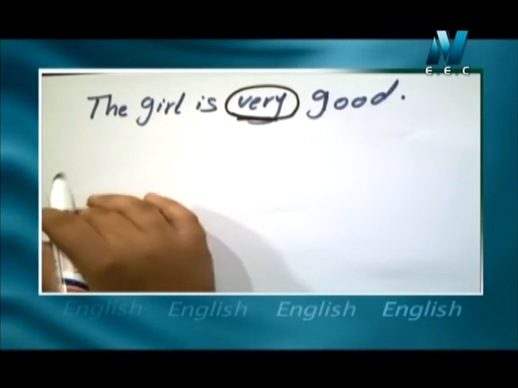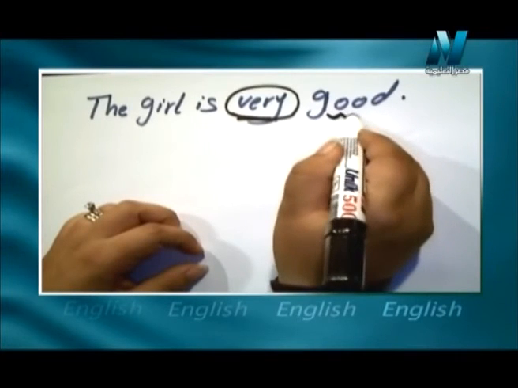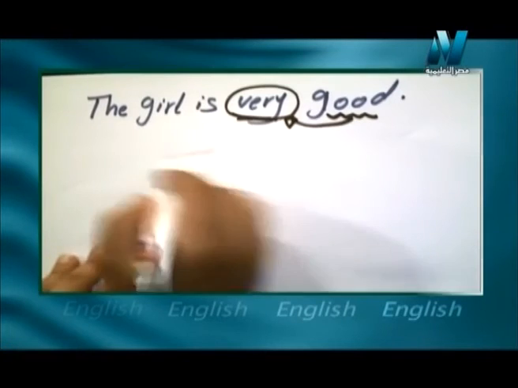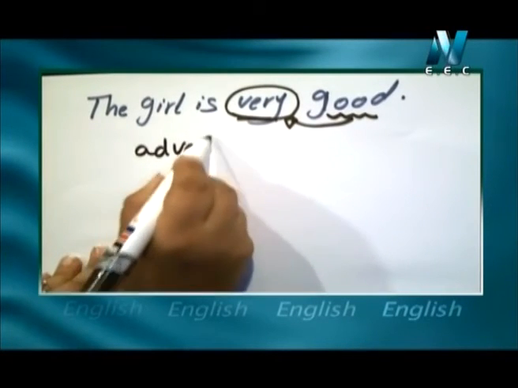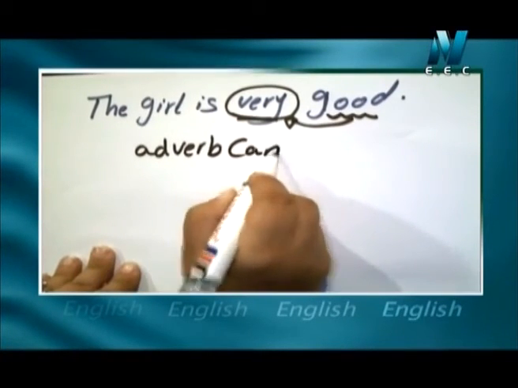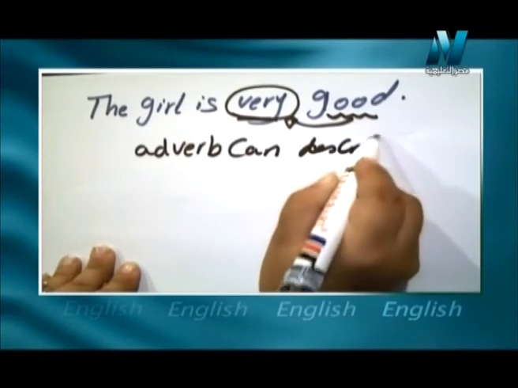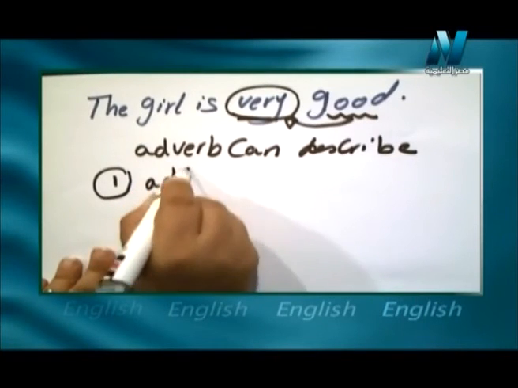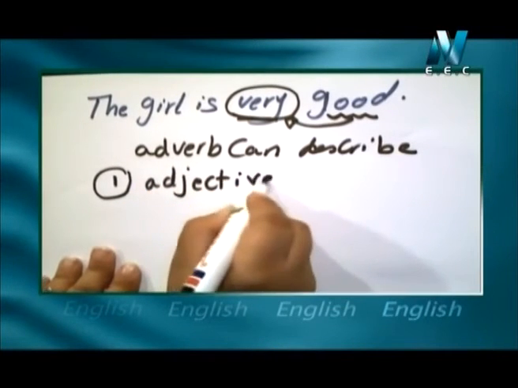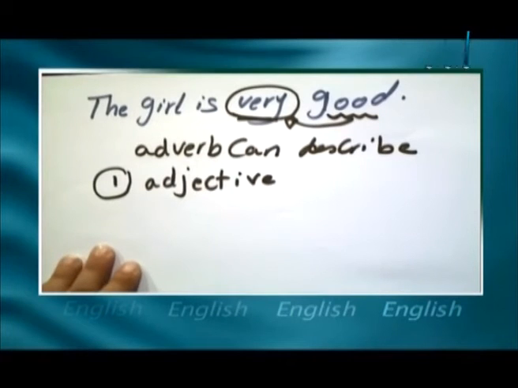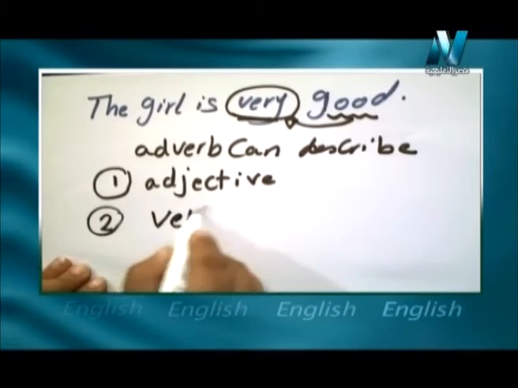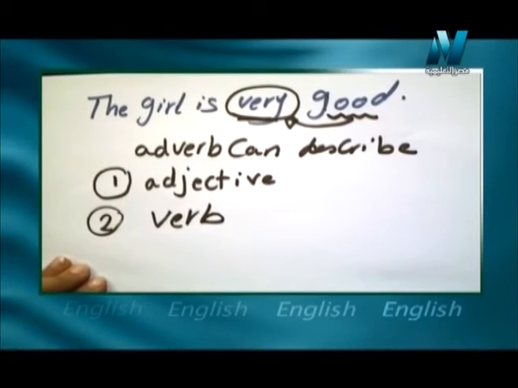The adverb here describes this adjective which is good. So the adverb can describe an adjective. As we said, the girl is very good, or it can describe a verb. A verb, how? Like we have said, the dog is running quickly.